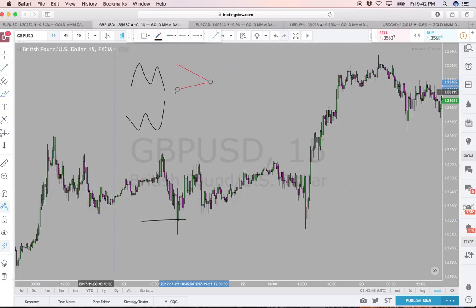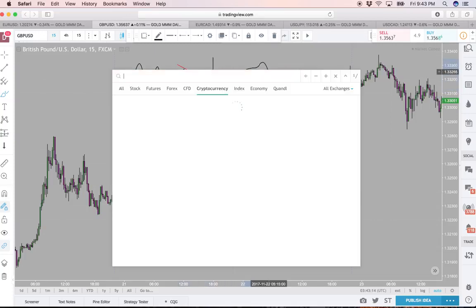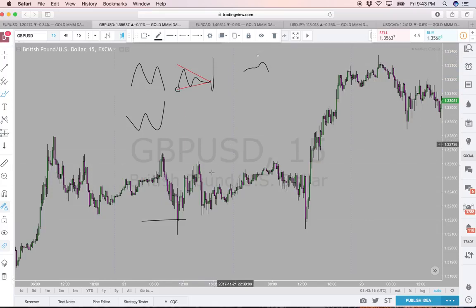So the wedge formation will form, and the first leg of either the M or the W will be the low of the wedge, or the start of this wedge, right? And then the breakout of the wedge will be the second leg of the W or M formation, depending on what you are trading. So here is an example of this.